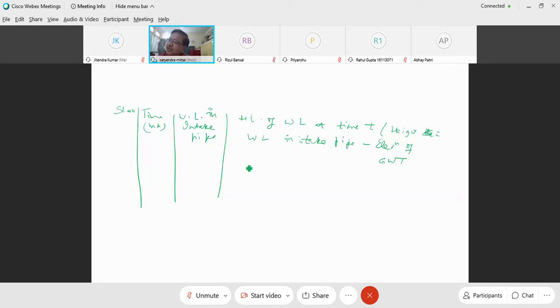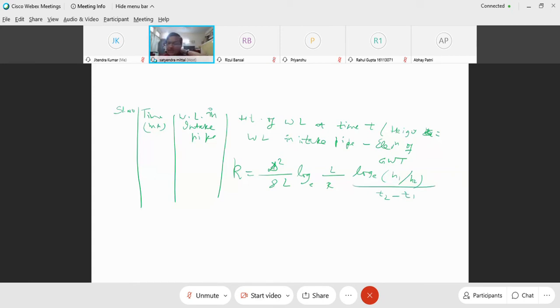Now the permeability is calculated by this relationship: k = d squared upon 8L, log H1 upon H2, upon T2 minus T1.